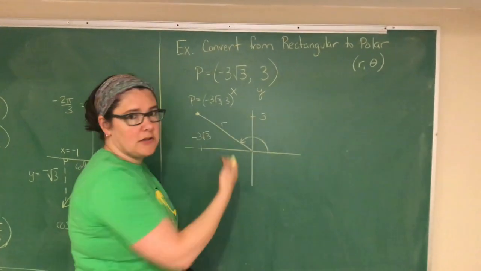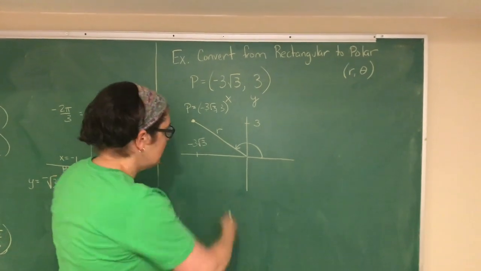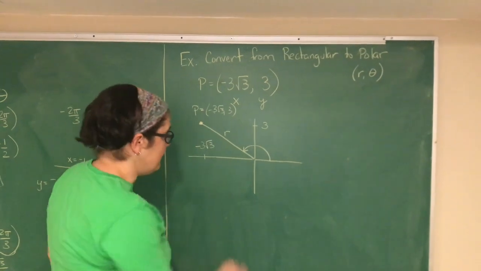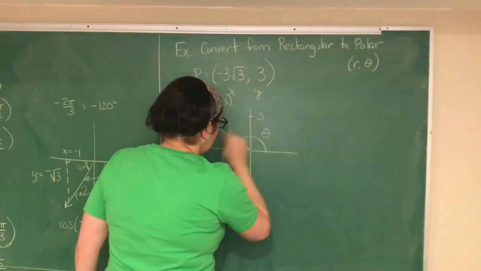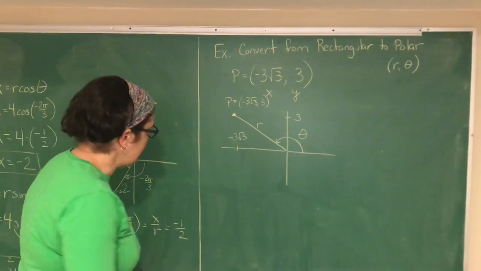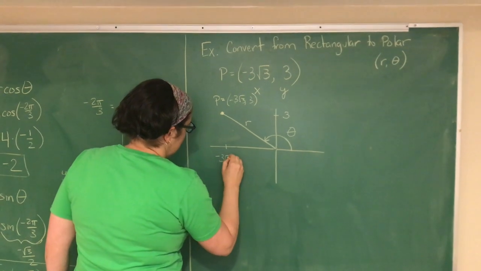I'm choosing the counterclockwise direction because positive angles are easier, but I would encourage you to think about this in terms of the clockwise direction if you so choose. Okay, so here's our angle of theta, and we want to find a value for r and a value for theta.